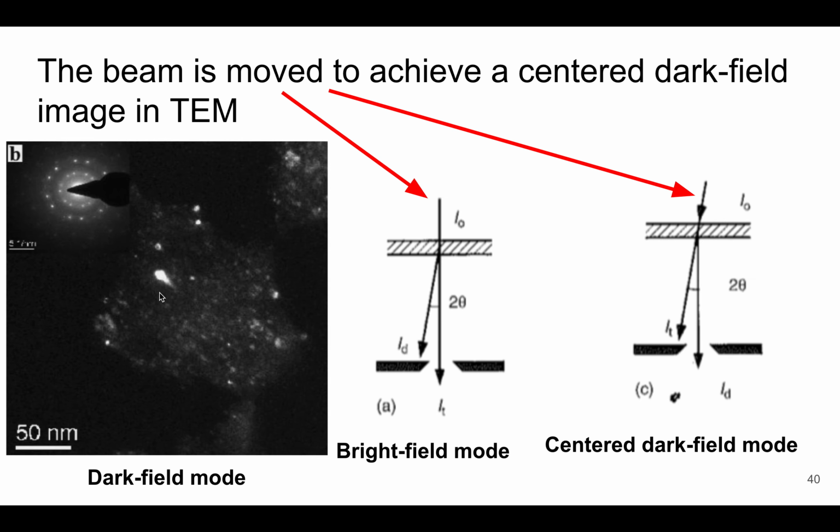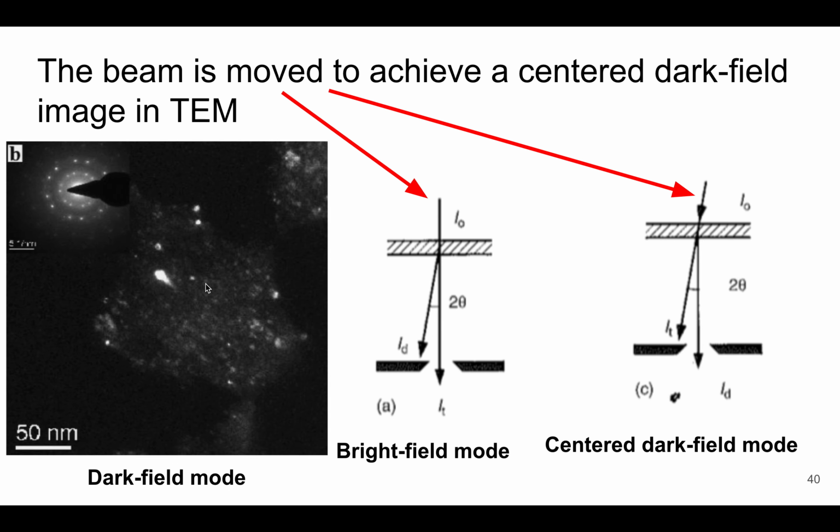So what you see in this dark field image is that everything's dark except for these light spots. And those light spots correspond to the diffracted intensity. So essentially that set of HKL planes goes through the aperture.